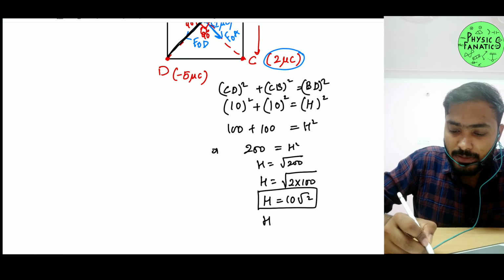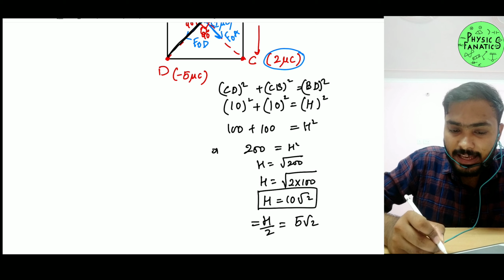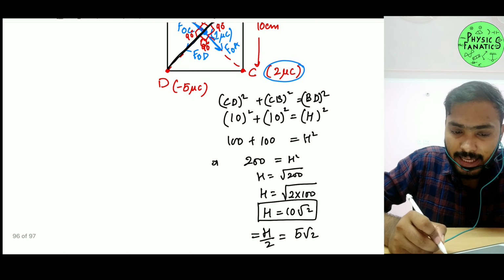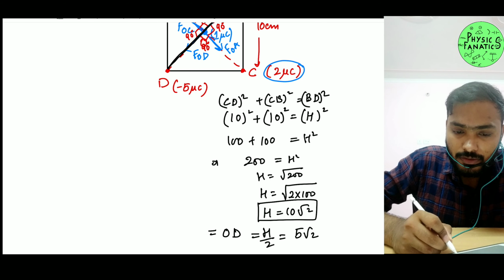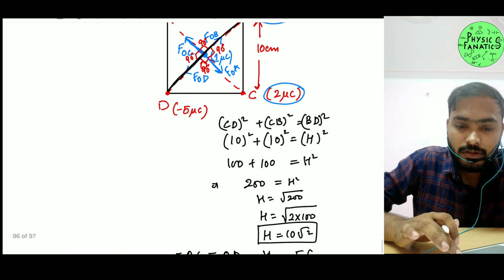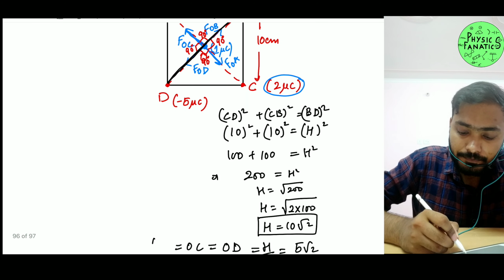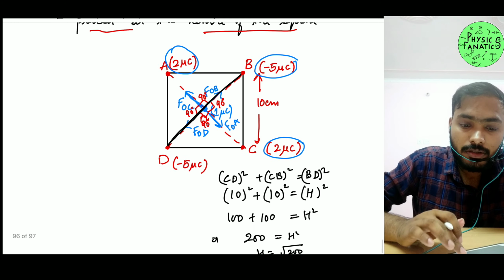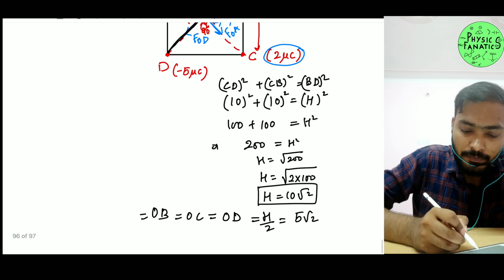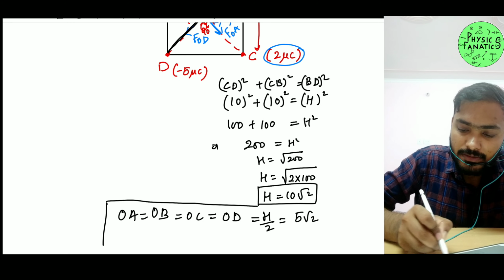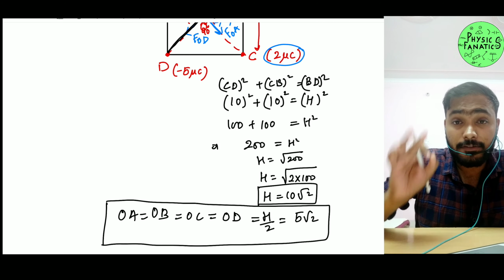So H by 2 will be equal to 5 root 2, and this is actually your OD equal to your OC equal to your OB equal to your OA. I hope that is understandable. So all these values are the same, that is 5 root 2.